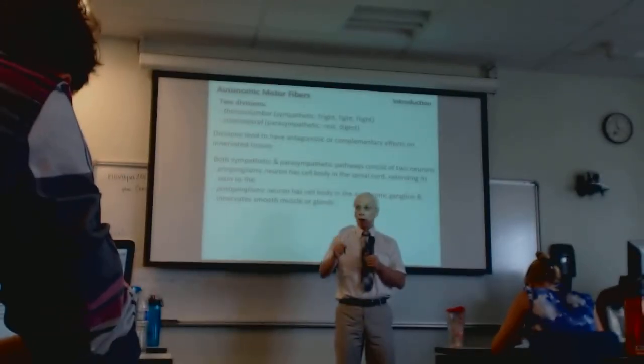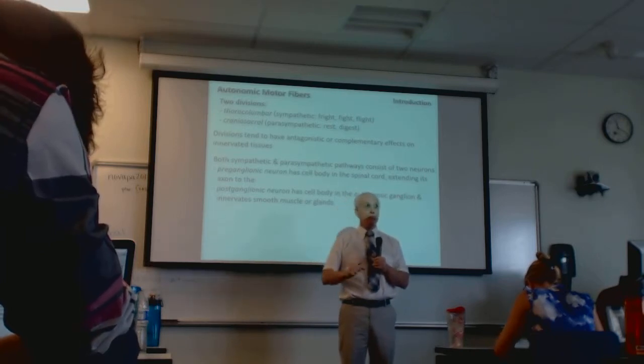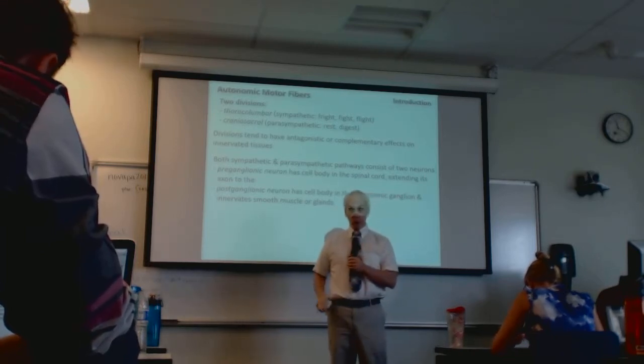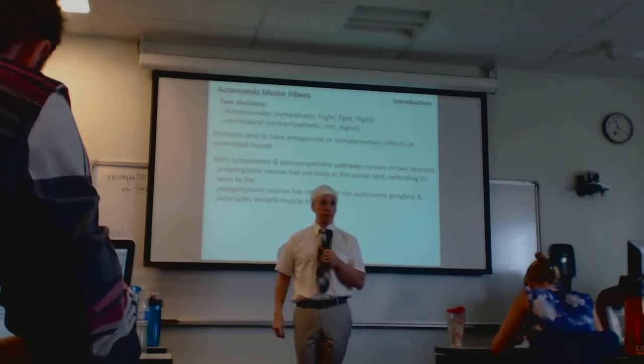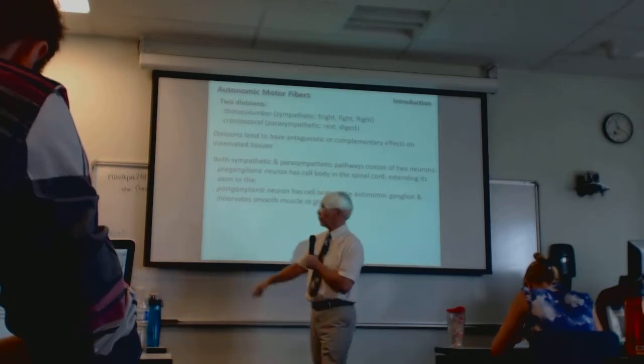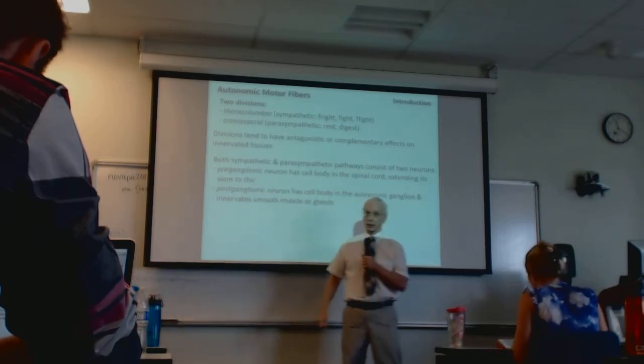The two neurons are going to synapse at a cluster. What do we call a cluster of neurons? A ganglion. So therefore, we call the first one a preganglionic neuron and the second one a postganglionic.